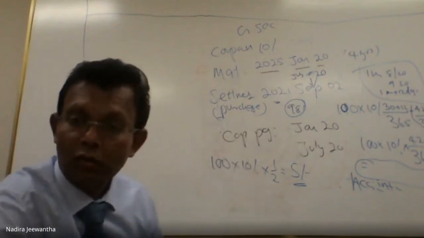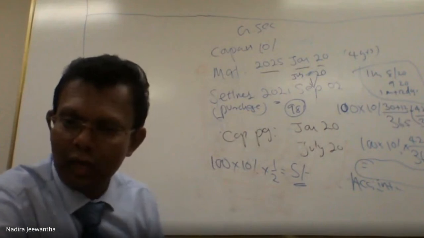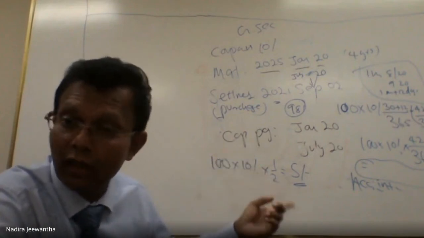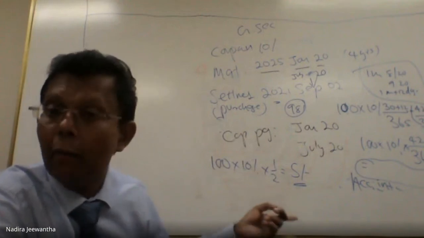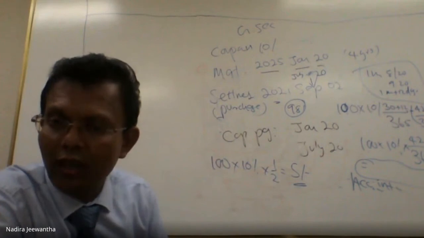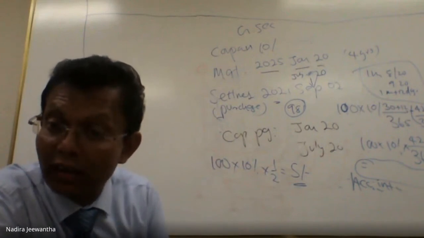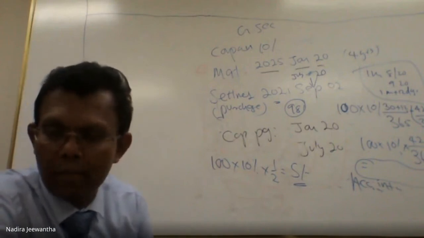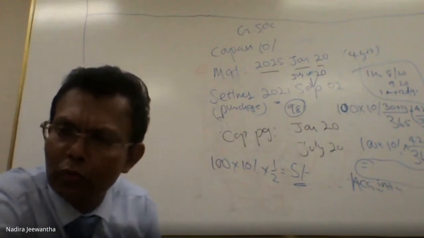So if the seller says, I am willing to sell this particular instrument at 98, it includes the accrued interest part as well. It is entitled to whom? The seller.